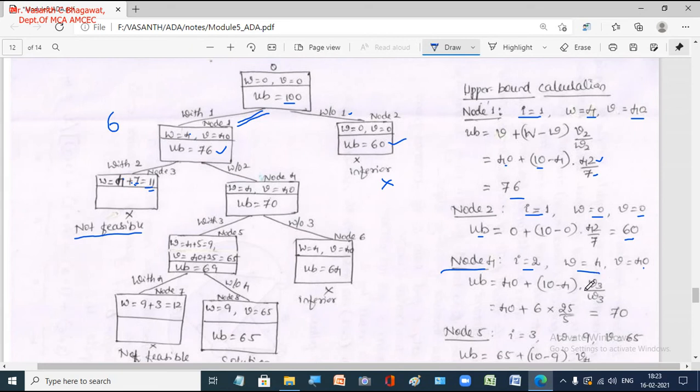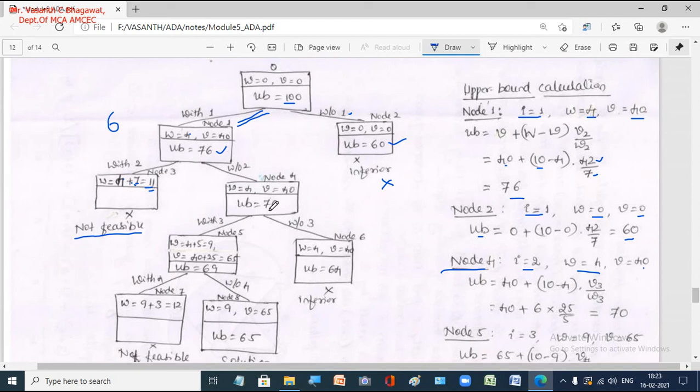That means profit of the third item divided by weight of the third item. The profit of the third item given in our problem is 25, and the weight is 5 kg. When you substitute and calculate, you will get upper bound as 70. So we will write down here upper bound as 70.